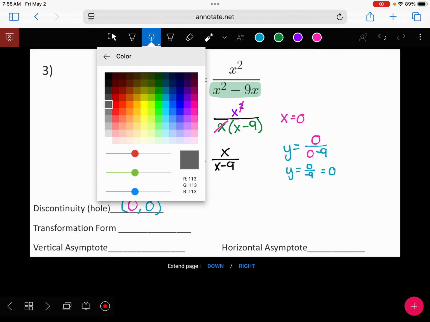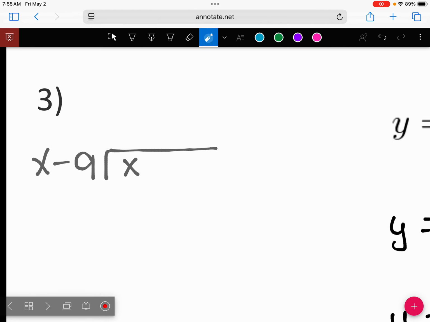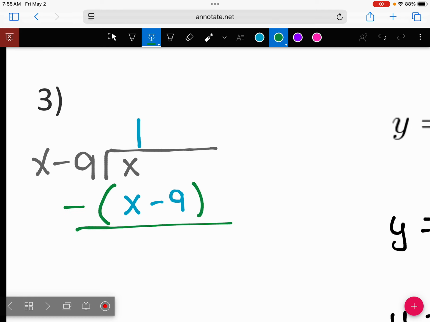So we could get this to transformation form, same way we've done before, divide by our denominator, x minus 9. I'm going to work this just because we have like 3 minutes left and I want us to get there. We're almost there. We're going to have our x times what gives us x, and that's a 1. We multiply our 1 times our whole factor. We get our x minus 9 underneath, and we need to subtract everybody.